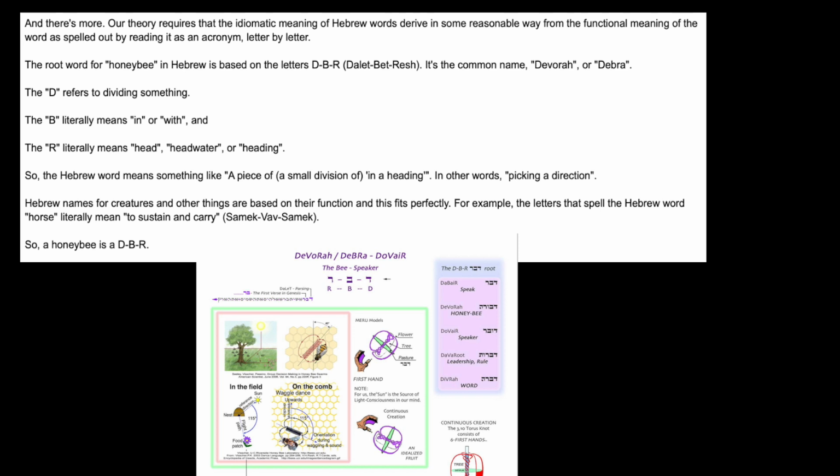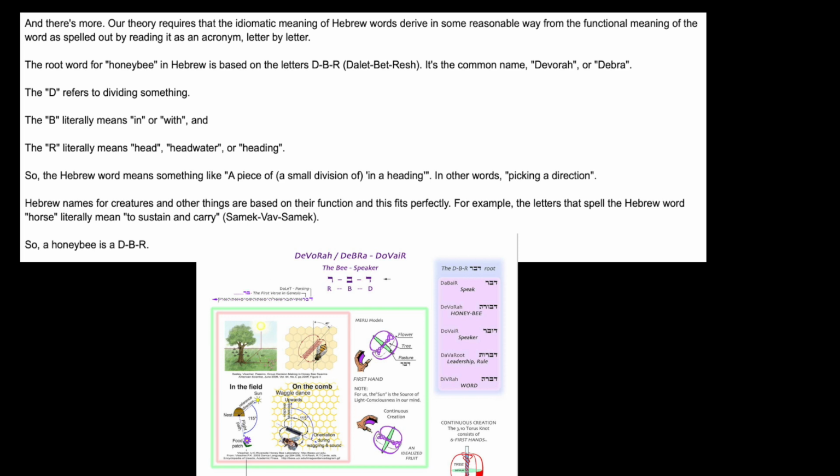The D, Dalet, refers to dividing something. The B, the Beit, literally means in or with, and the R, the Resh, literally means head, headwater, or heading. So the Hebrew word means something like a piece of, a small division of, in a heading. In other words, picking a direction.